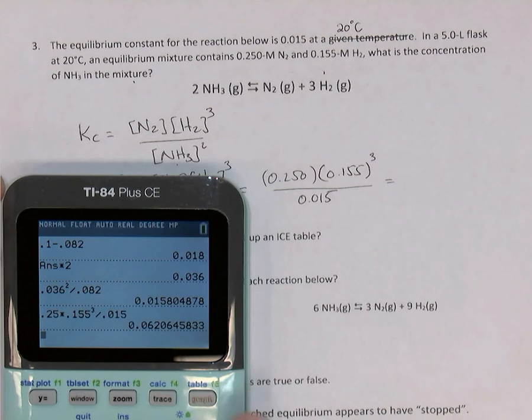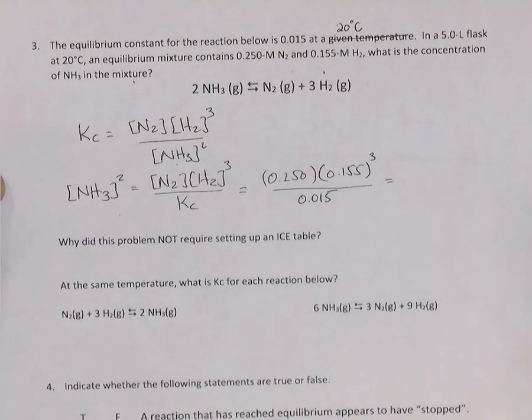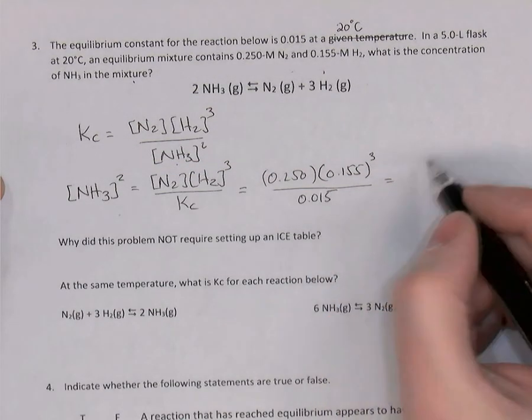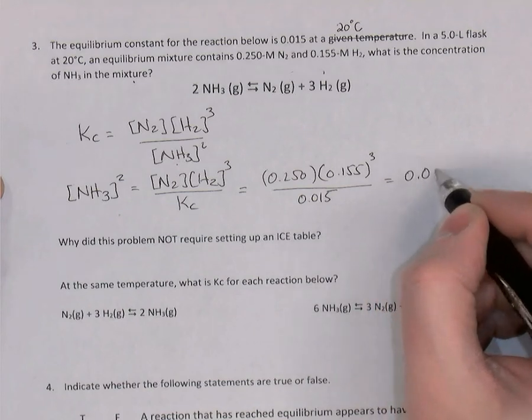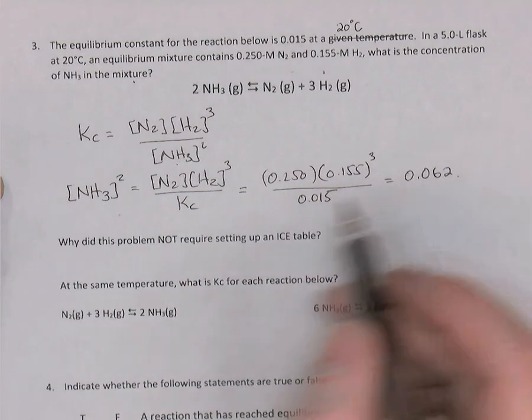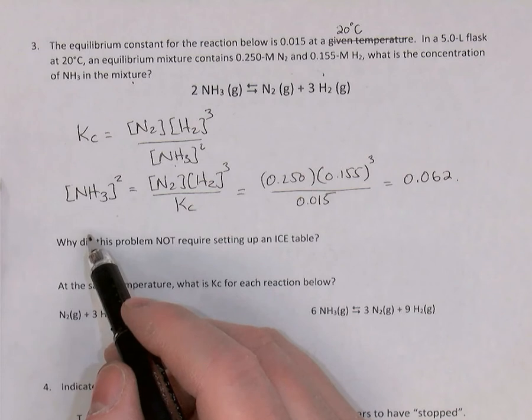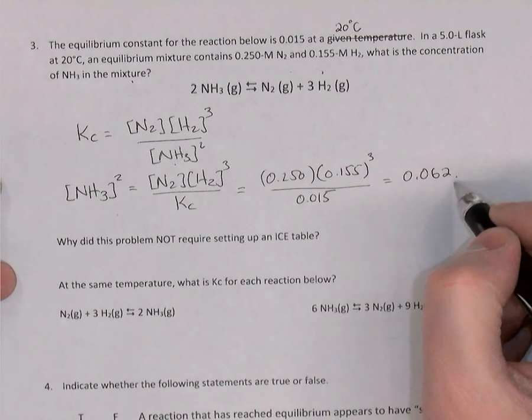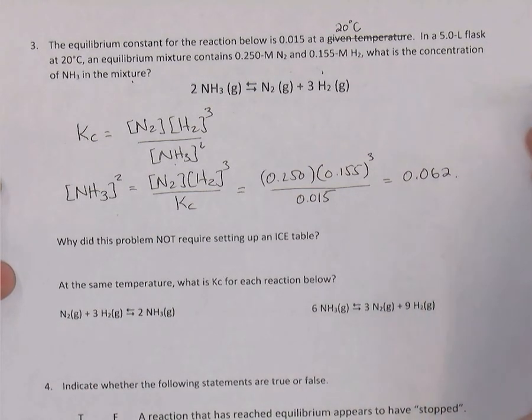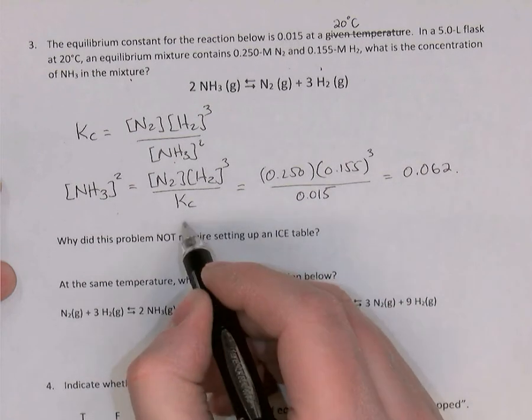That gives me 0.062, keeping 2 digits because of the Kc value, 0.062, and that's the concentration of ammonia squared. So technically its units are molarity squared. I won't worry about that right now.